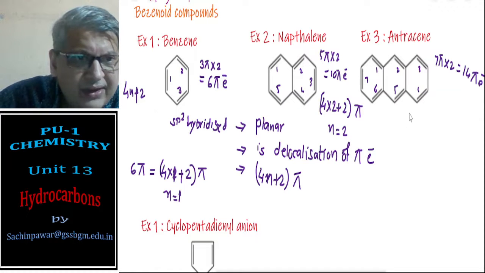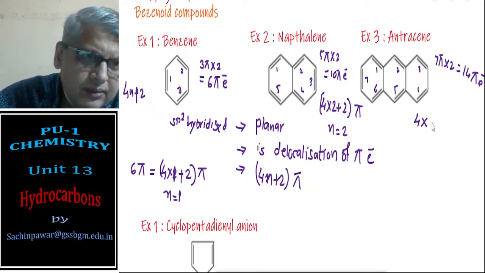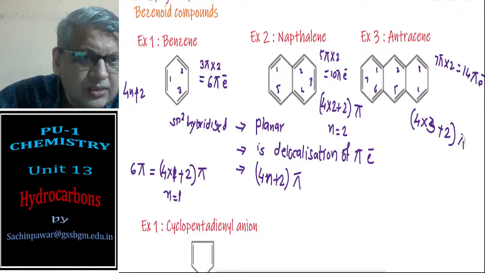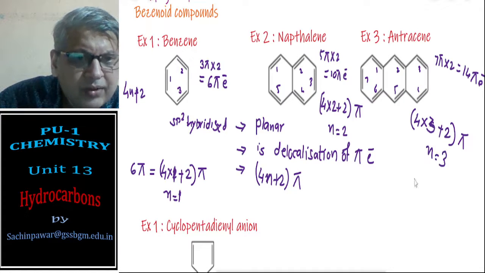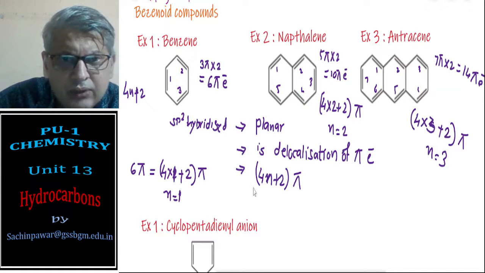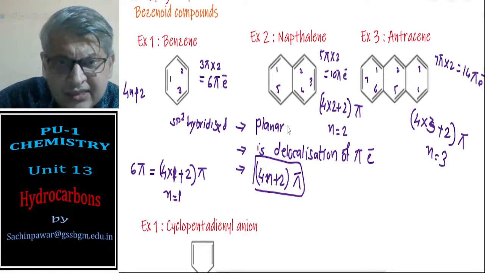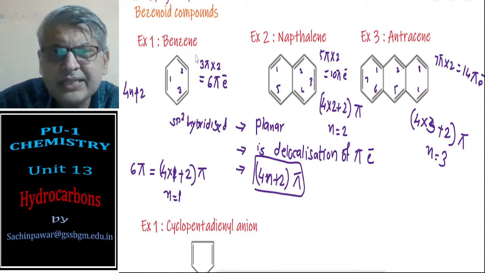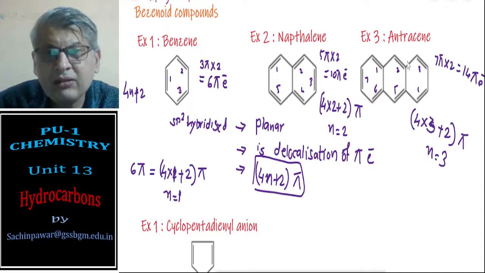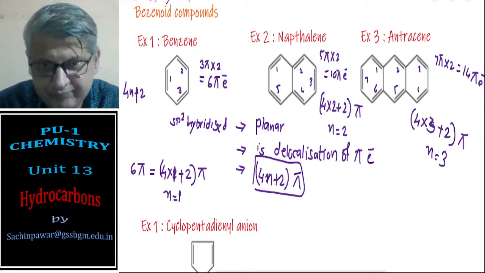As far as 14 is concerned, I'll take 4 into 3, that is 12, plus 2 pi electrons, so n is equal to 3 here. So all three fit into the formula 4n plus 2 and satisfy all three rules. Therefore benzene, naphthalene and anthracene, all three are aromatic.